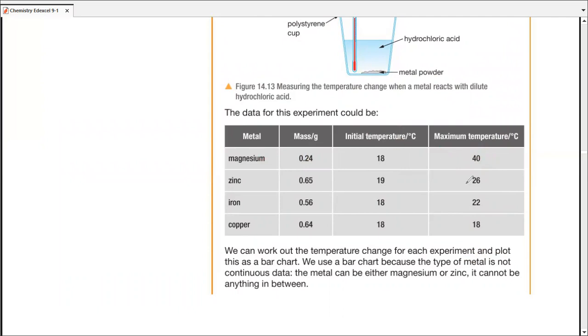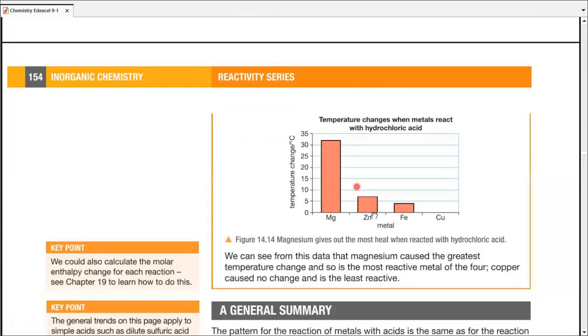And the least reactive metal does not give you a big temperature change, sometimes no temperature change at all. Make sense? This gives you the idea that the temperature change is biggest for the elements that are reactive and least for the elements that are least reactive.